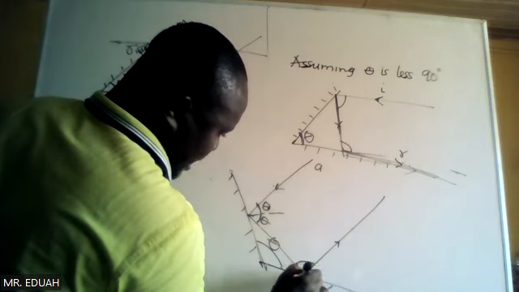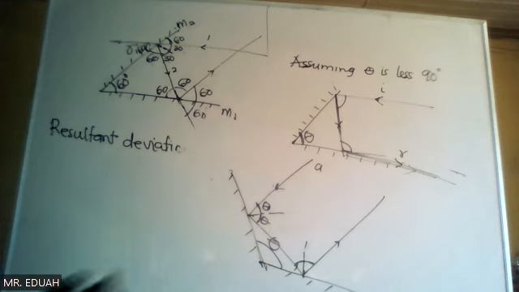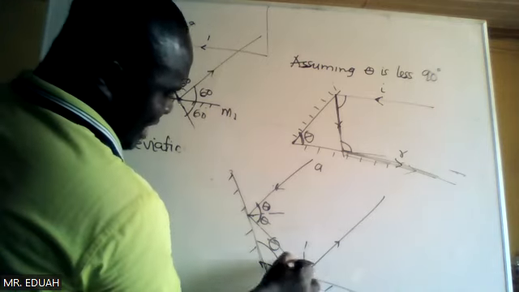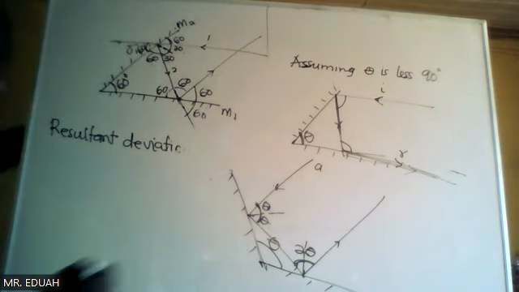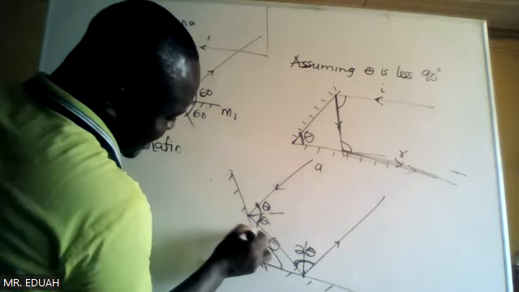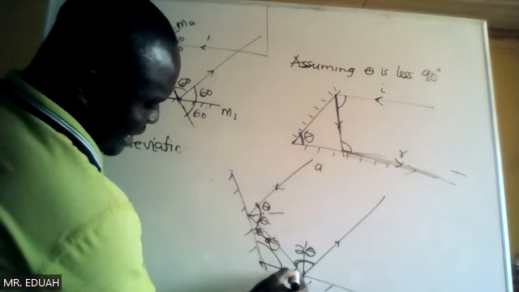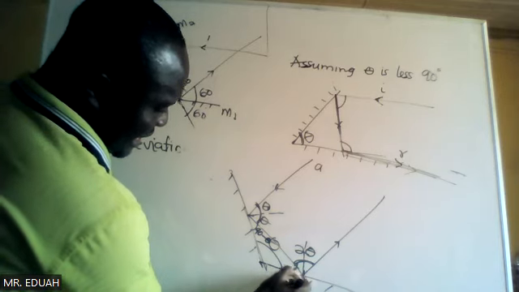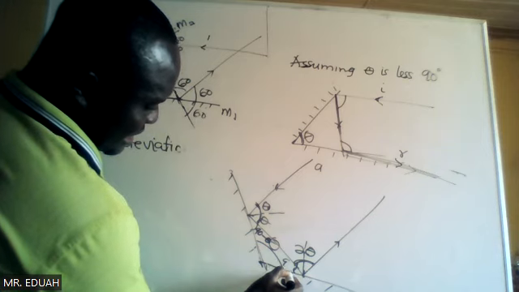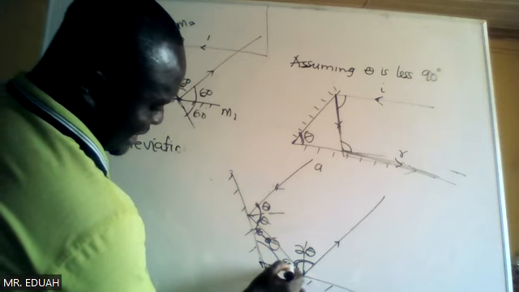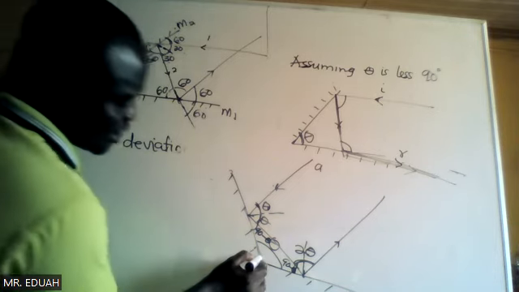Then another normal here. Once this is theta, this angle is 2 theta. This whole angle is also 2 theta. This is 90 minus theta. This is also 90 minus another theta. And this angle is obtuse.